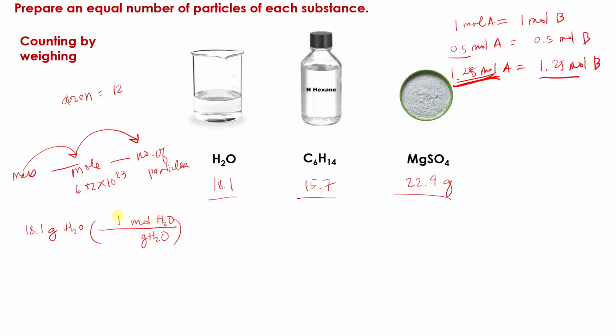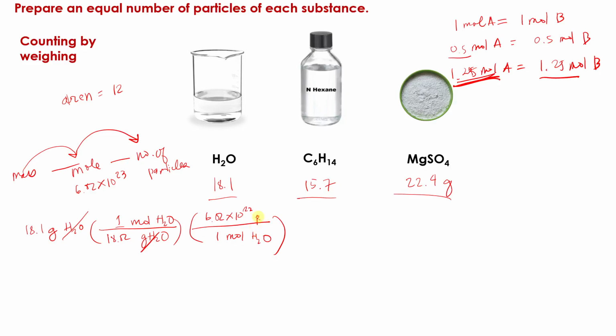And again, we need the molar mass for this. You can compute the molar mass: that is the mass of two hydrogens, then one oxygen. That is equal to 18.02 grams of H2O per mole. And then from the number of moles, we can determine the number of particles. Again, every 1 mole of H2O is equal to 6.02 times 10 to the power of 23 particles.